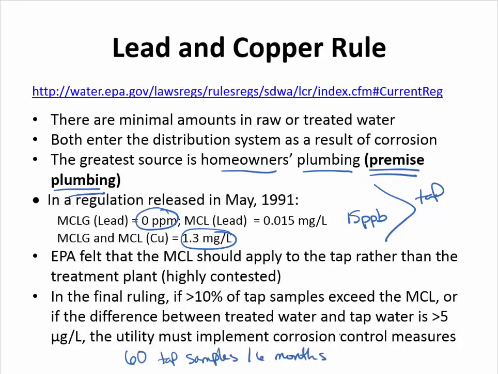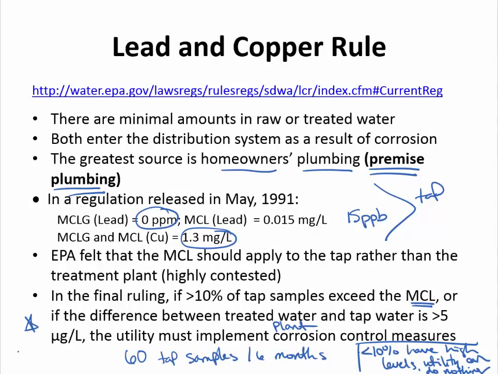If more than 10% of those tap samples exceed the maximum contaminant level, or the difference between the treated water at the plant and the tap water is greater than 5 micrograms per liter, then the utility must implement corrosion control measures. What this also states is, if less than 10% have high levels, the utility can do nothing.